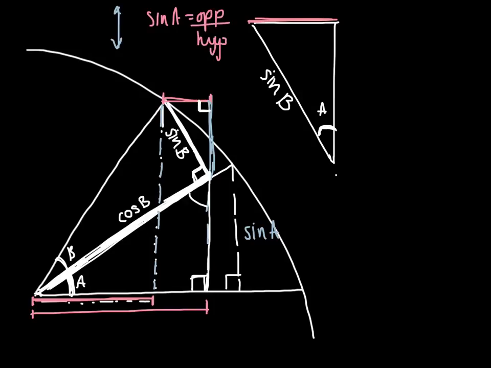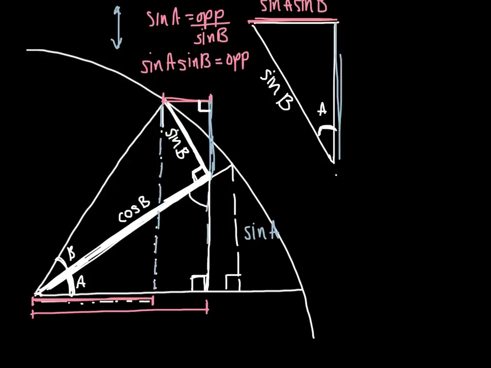We know that the hypotenuse is actually sine B. So my opposite is sine A sine B. So this length here, that's sine A sine B. And this adjacent in the blue, well, I'm going to need cos for that.